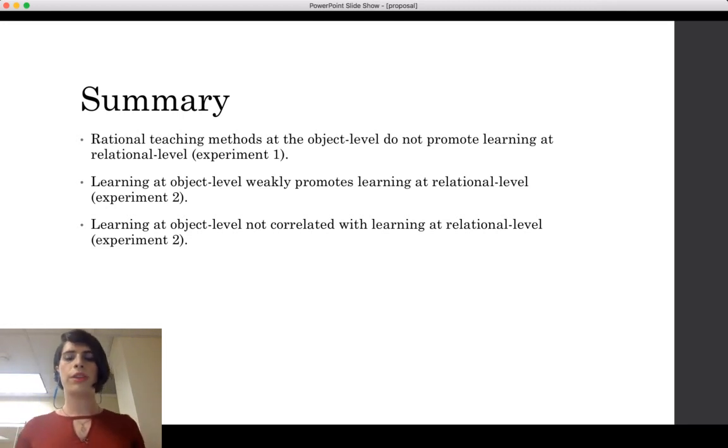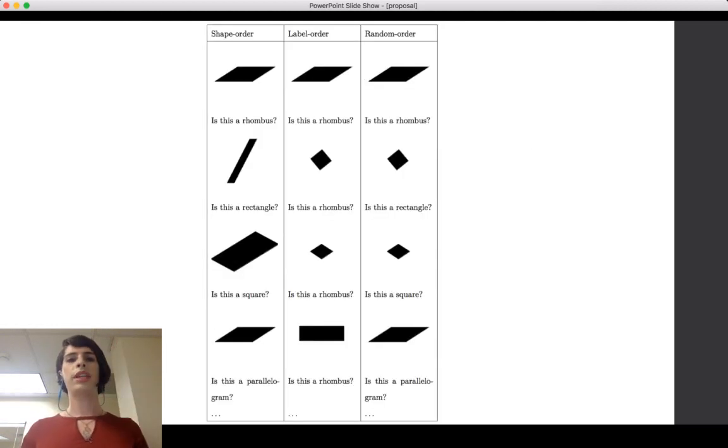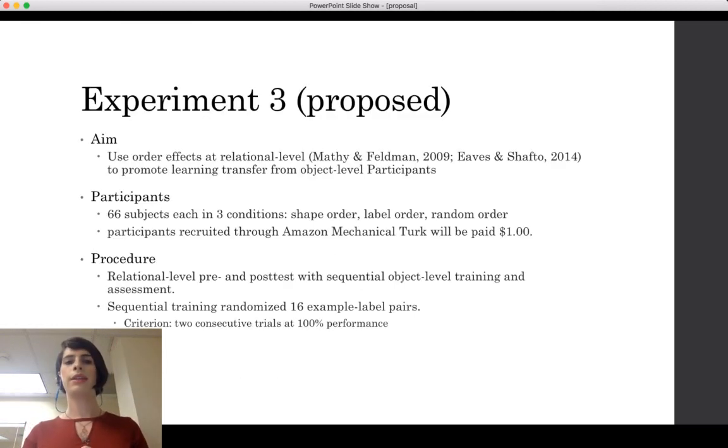So this leads to experiment 3, where I'm trying to test a learning procedure that should at least have a good shot at promoting transfer of learning from the object level to the relational level.